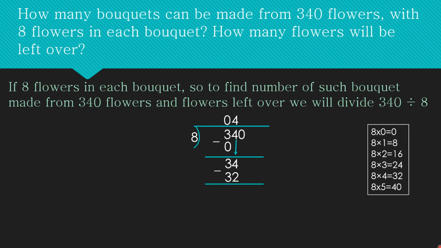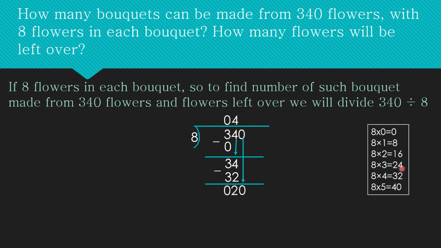Now we will take this 0 down next to 2. So we will write 0 down. Now our number has become 20. So we will find out which number we can take here. 8 3s are 24. 24 we cannot subtract from 20.